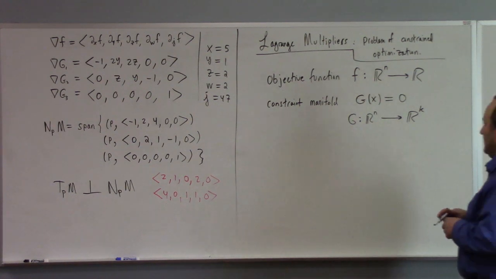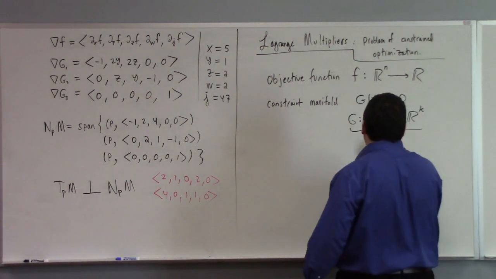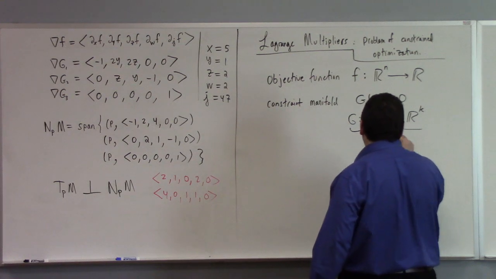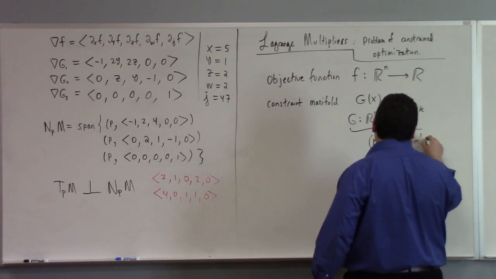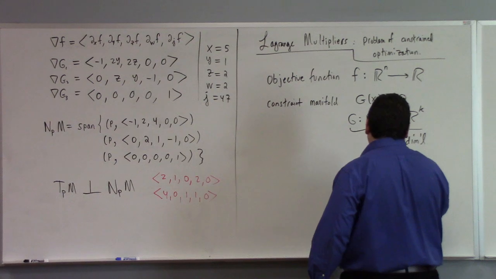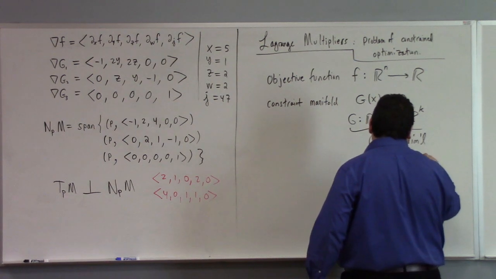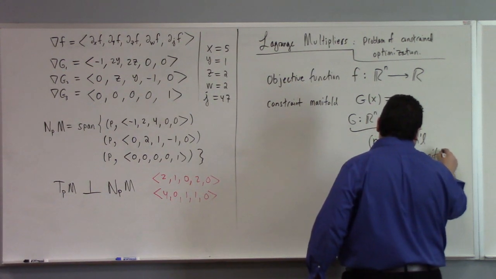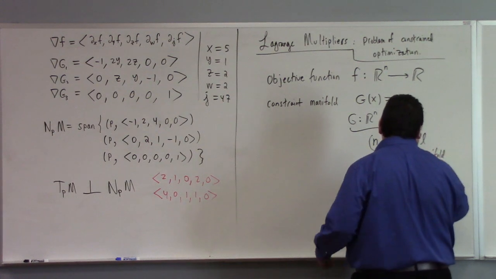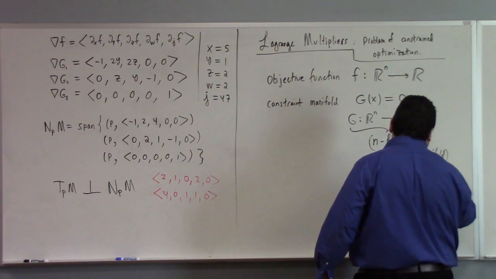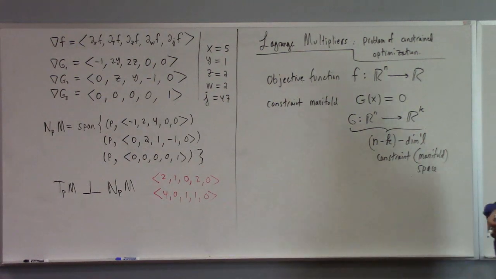So this is a what? This is an n minus k dimensional constraint manifold. Or you could say surface. If you don't like manifold, you could say space, all right? Just think of manifold as another word for space.